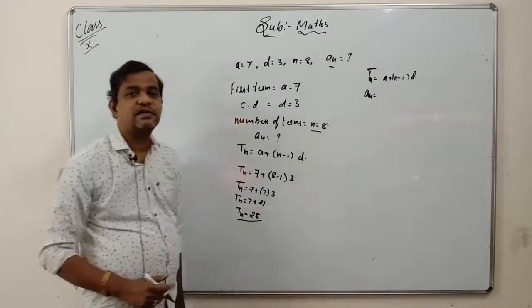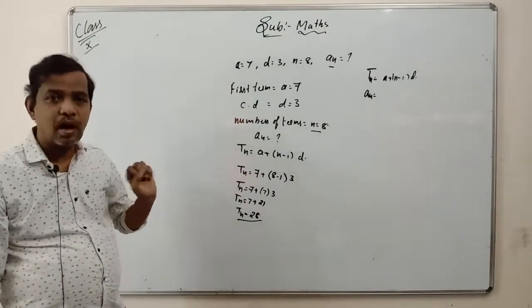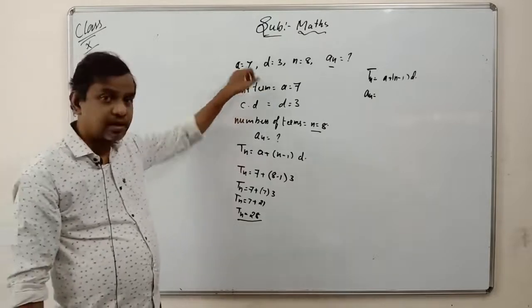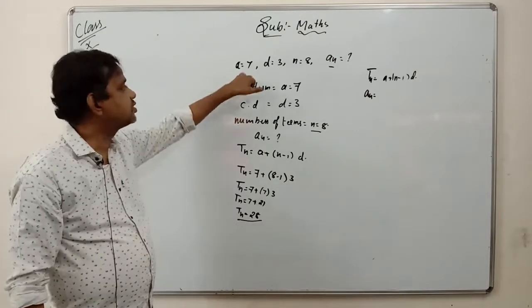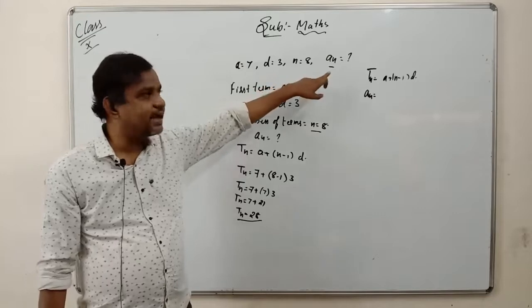So this is the first one given here. What is being asked is, he has given A equals 7 in the box, see in the box there in your textbook. A equals 7, D equals 3, N equals 8, and An he has asked us to find.